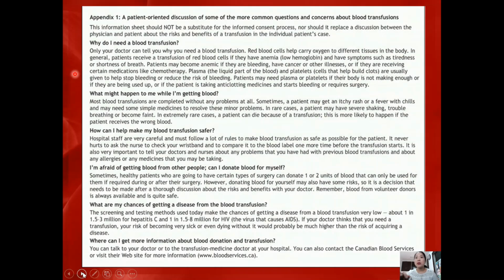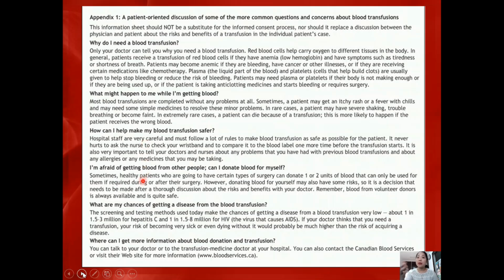So there are actually some questions that may be directed to the clinicians, what the patient can ask you before he receives blood transfusion. These are what you should be able to answer. Why do I need blood transfusion? What might happen to me when I'm getting blood? So you have to discuss to them the different transfusion reactions. How can I help make my blood transfusion safer?